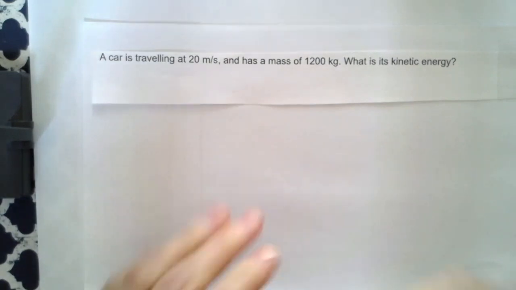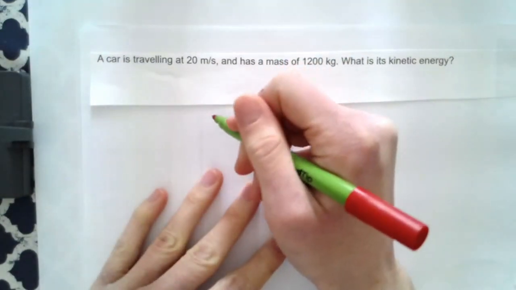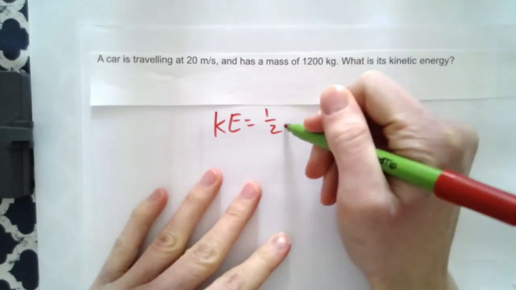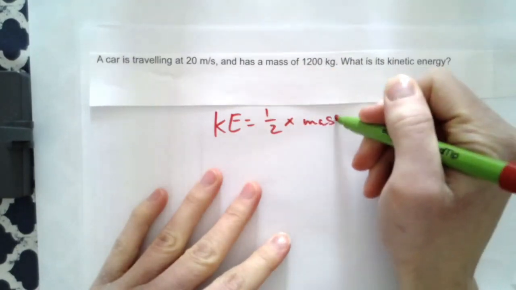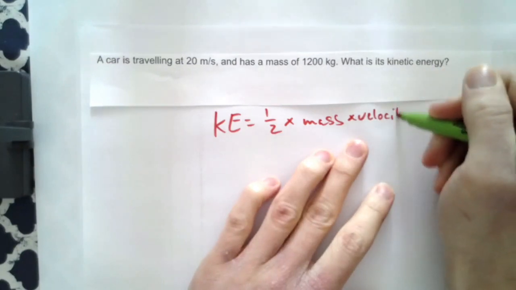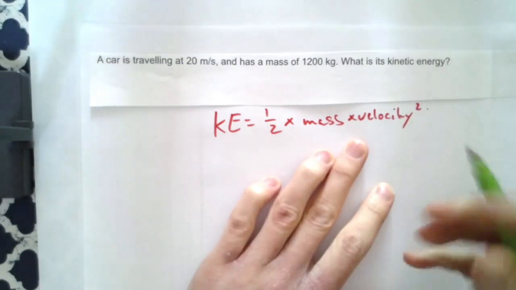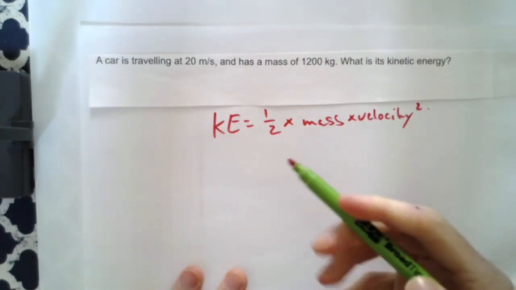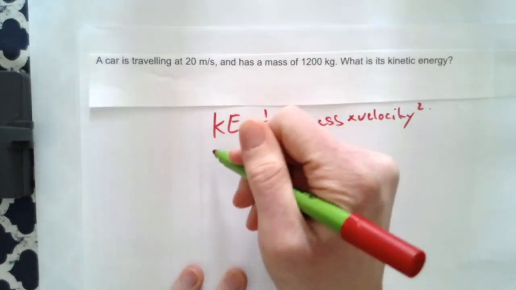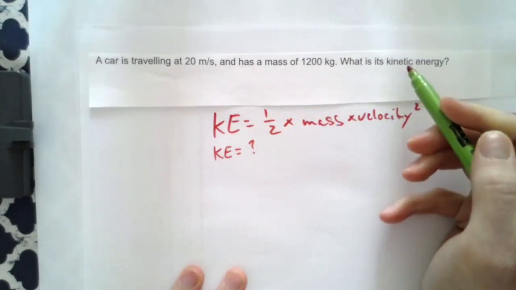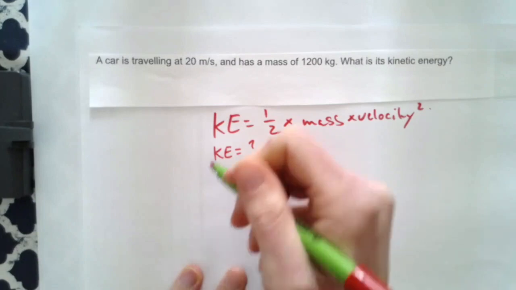So this is just a case of using our equation that we've just looked at. Kinetic energy equals 1/2 times mass times velocity or speed squared. Velocity and speed are interchangeable in this. And then going through the different terms here. So kinetic energy is what we're trying to work out, so it's a question mark.